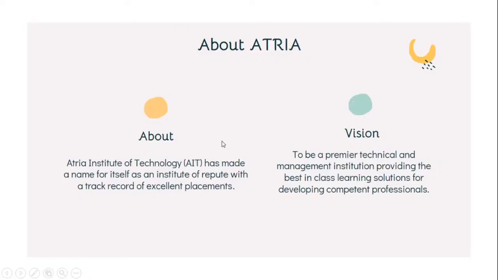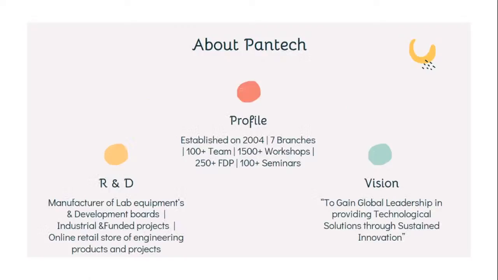And then about Pantech. It was established in 2004, and we have almost 7 branches. We have 100 plus teams, and we have conducted 1500 plus workshops, 250 plus faculty development programs, and 100 plus seminars. We have a research and development center in Chennai, and we are a manufacturer of lab equipment for every engineering department, such as renewable energy lab kits, microcontroller lab kits, microprocessor lab kits, artificial intelligence trainer kits, mechanical designs, etc., as well as software projects like iOS and Android development.